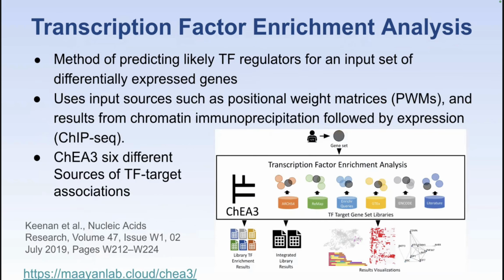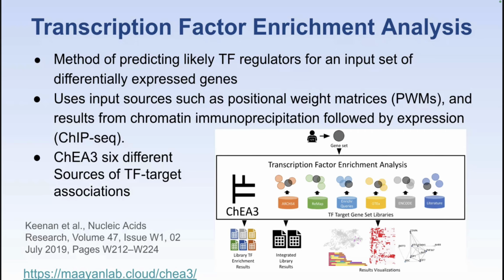So one way of constructing these networks is by performing transcription factor enrichment analysis. So very broadly, this method involves predicting the likely transcription factor regulators for an input gene set from the results of differential expression analysis.